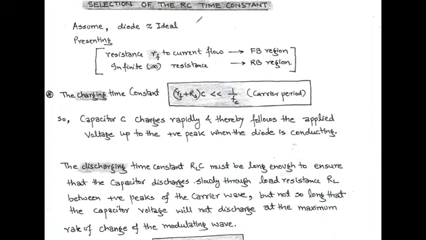For this, we consider an ideal diode. When the diode is in the forward bias region, it offers a finite resistance to current flow, denoted by small r suffix f, and when the diode is in the reverse bias region, it offers an infinite resistance, so there is no current flow. Or we can say that the diode acts as a switching device.